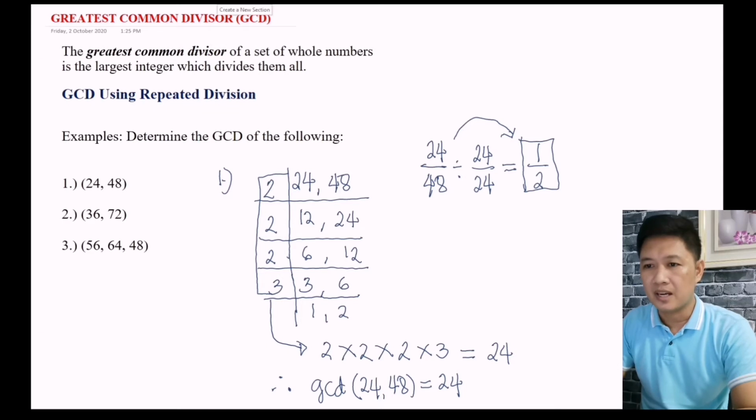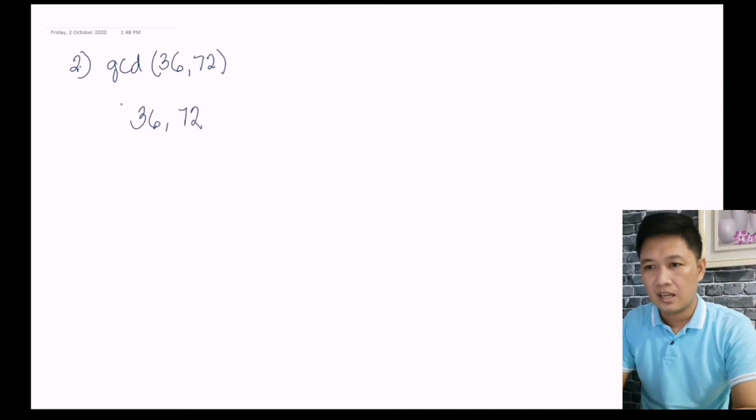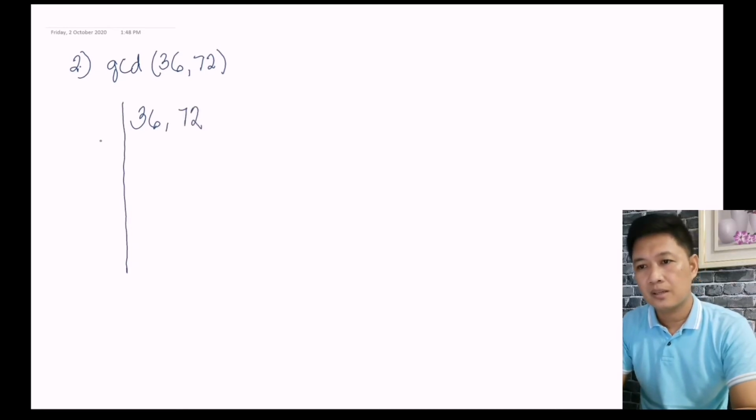Let's have another example. That is 36 and 72. Let's find the GCD of 36 and 72. Gamit ang repeated division, i-divide natin sila.